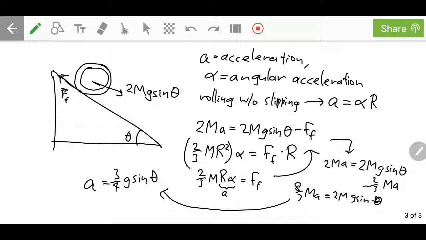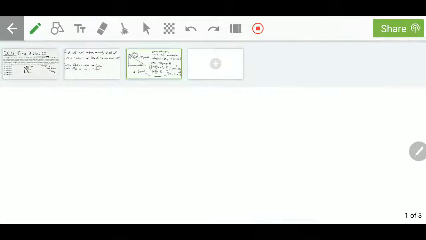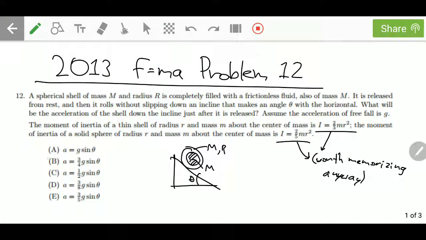And so now, if we go back, we can see that 3/4 g sine theta is the correct answer.